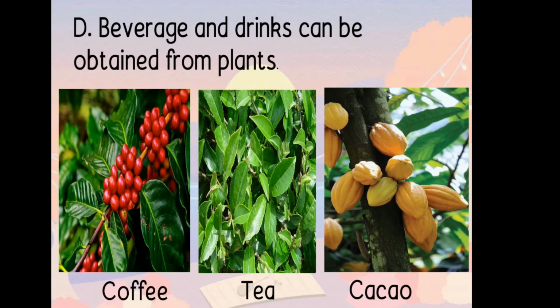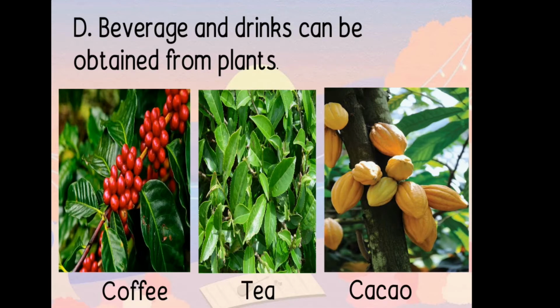So, ginagamit tong coffee beans to make a coffee na, what do you call this? Yung sa great taste, premium, yung pwede tayong 3-in-1, pwede tayong may mga flavors, so ganon.